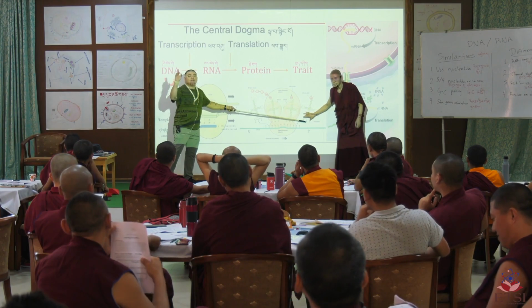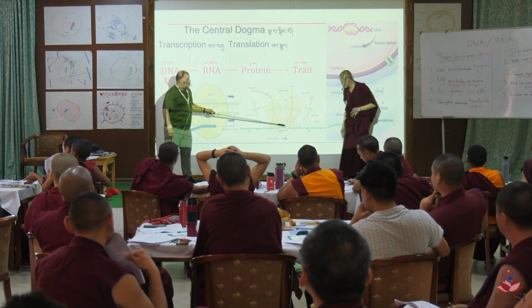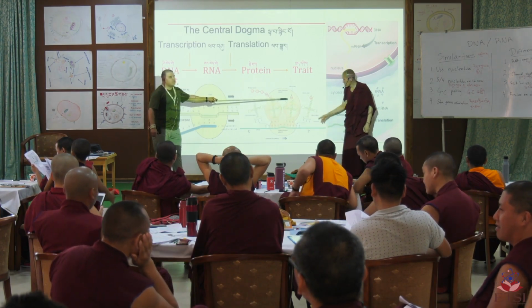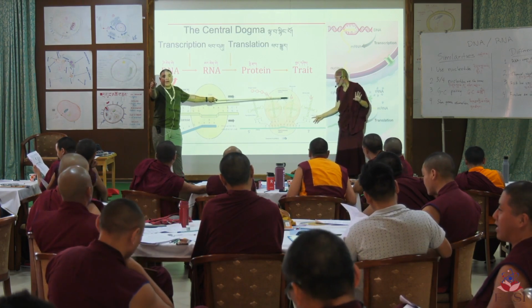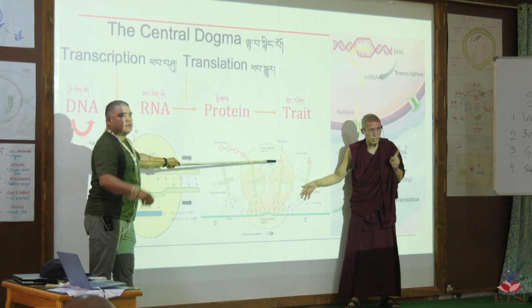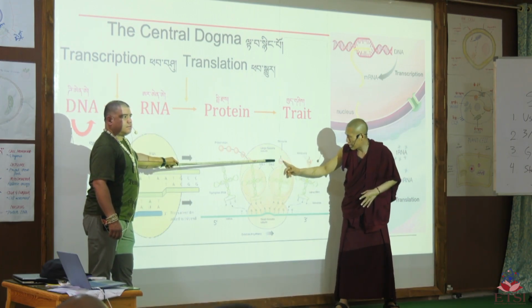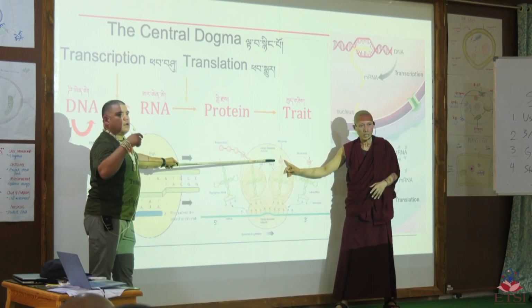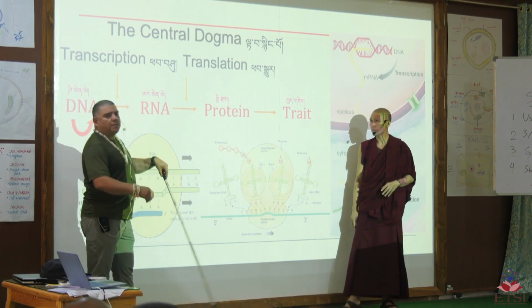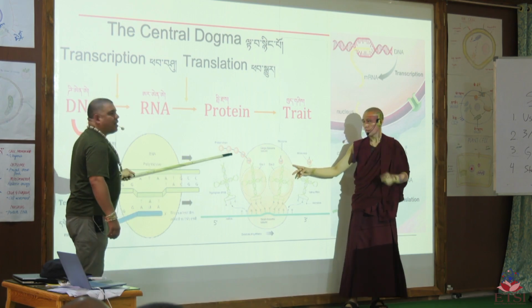No, not the stop. The anticodon, which matches to the messenger RNA and produces what? Amino acid, right? So now we start building a chain of amino acids, which we call polypeptide chains.